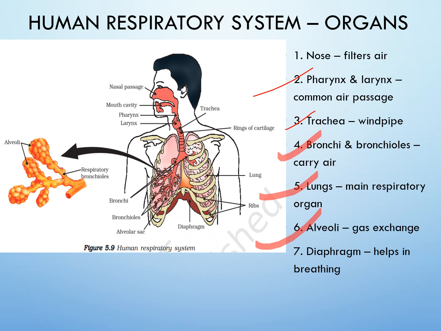Alveoli are the last end points of the respiratory system where gas exchange takes place. And last is this inverted bowl structure beneath the lungs, which is called diaphragm. We will study this role of diaphragm in the process of inhalation and exhalation.